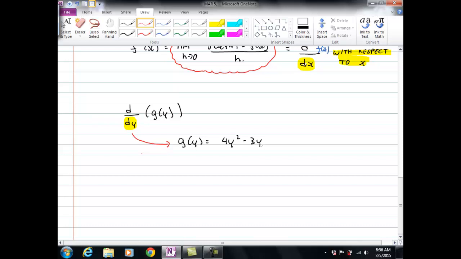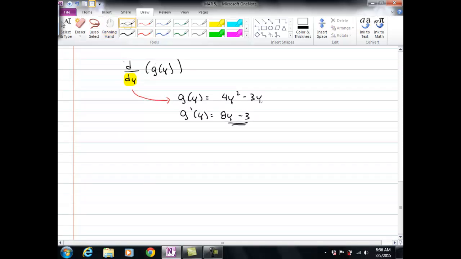And that's when people say, what the heck is going on? Because this little thing on the bottom is crucial to what you're taking the derivative of. I'm taking the derivative of g of y, which I can rewrite as g prime of y equals 8y minus 3. See, notice I'm using y's now instead of x. That's another way of writing it. It's a more complex, more fancy way.